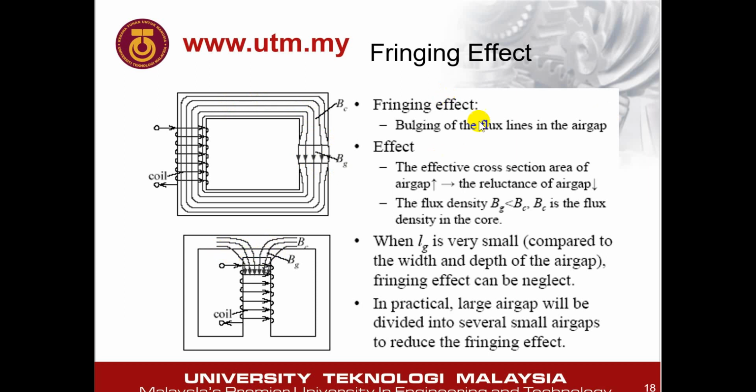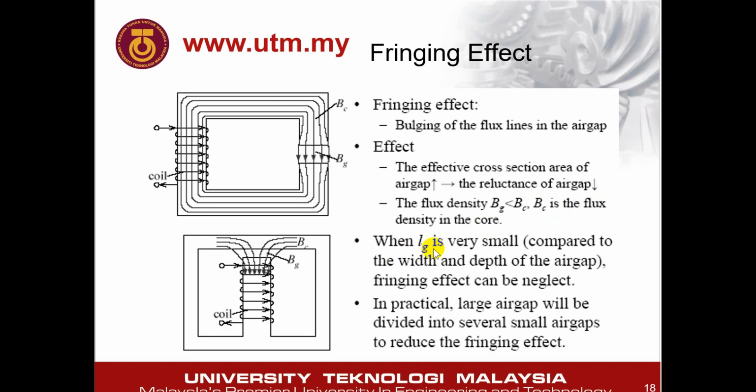What the fringing effect does is that the effective cross area of the gap is increased. Reluctance of the gap is decreased. And the flux density B gap is smaller than B core, where B core is the flux density in the core.